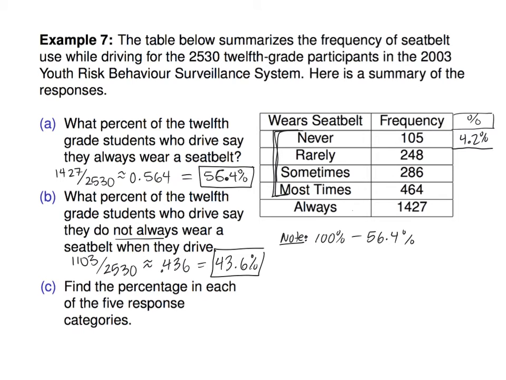You should double check these figures yourself. 248 out of the 2,530 gives us 9.8%. 286 out of that total gives us 11.3%. 464 out of the total is 18.3%. And the last one we already had, that was 56.4%.